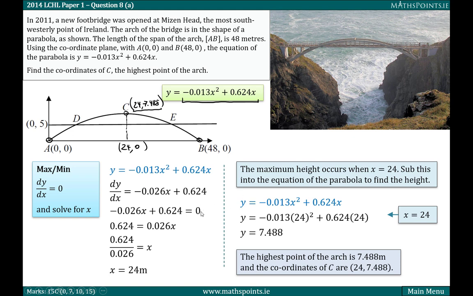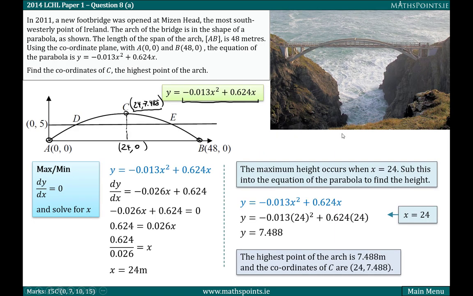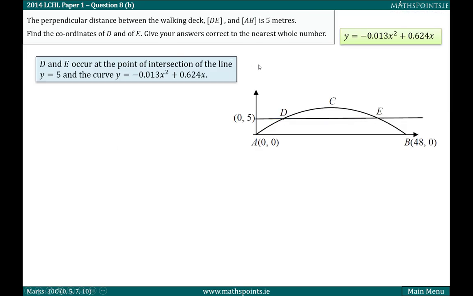Now, the next part of the question says that the perpendicular distance between the walking deck, so we can see the walking deck goes from D to E. If we look at the picture on the previous slide, so here's D, and it goes over to E here. So that part of the walking deck is 5 meters above AB.